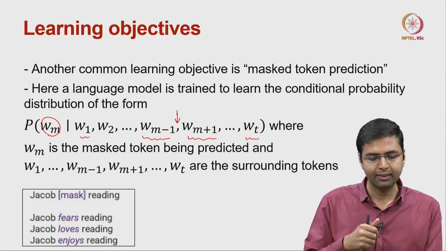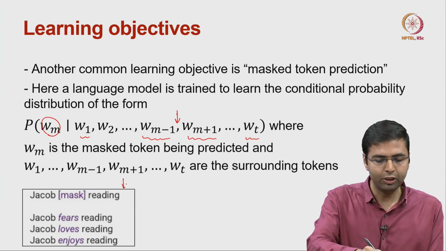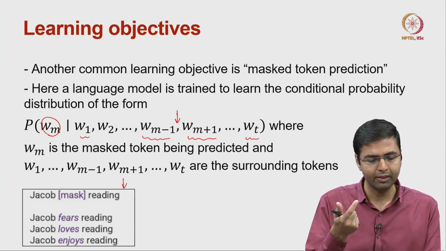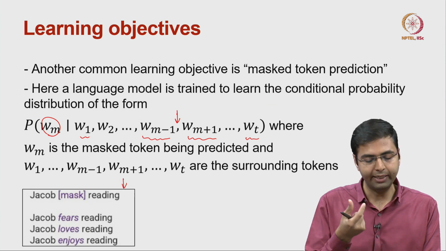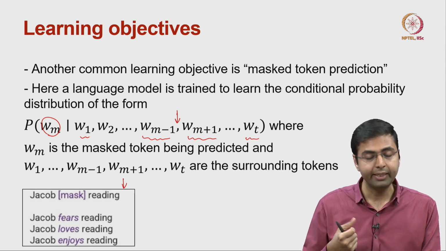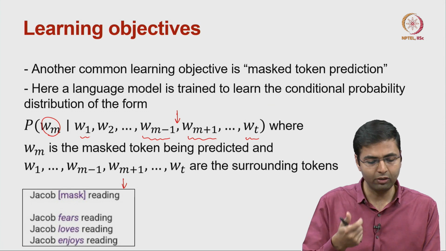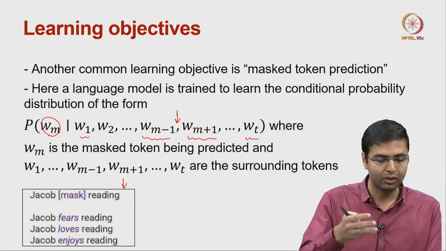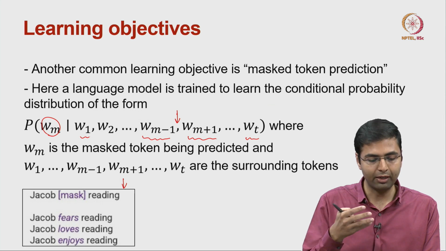In the example shown below, I mask the middle word between Jacob and reading, and the model would be trained to predict the middle word. So, it would assign different probabilities to different words from the vocabulary.